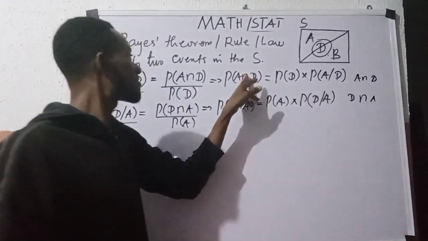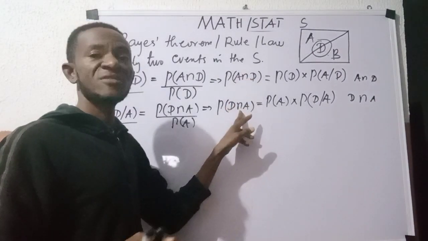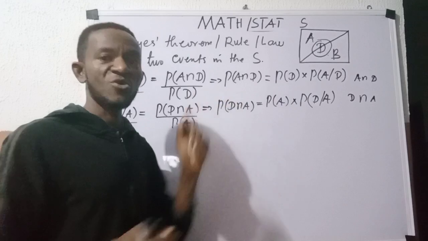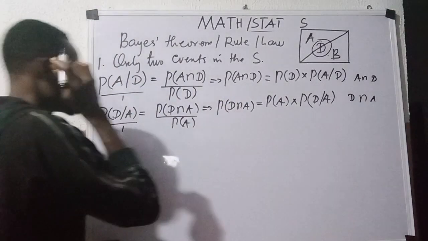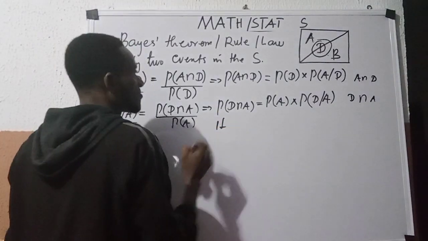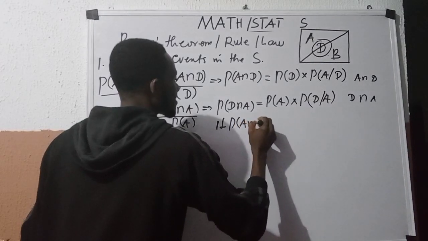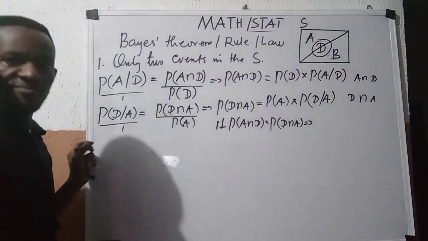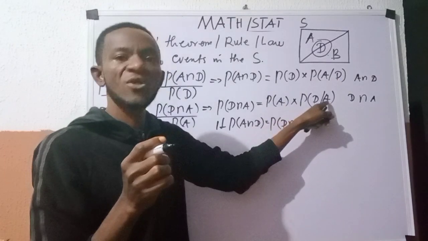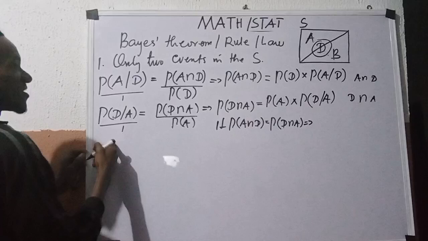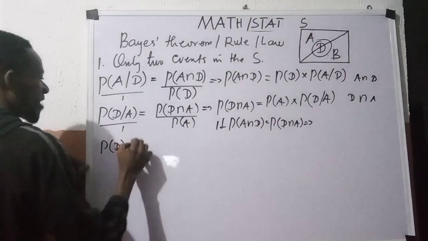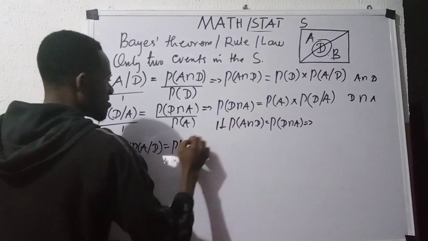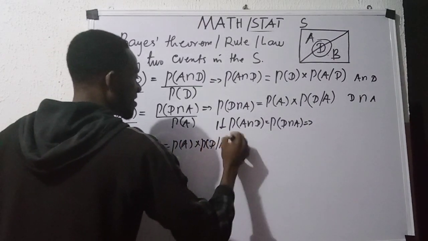So if this and this are the same thing, this probability and this probability are equal, which implies that this whole quantity and this whole quantity must be equal. We write this as equation 2: if P of A intersection D equals P of D intersection A, it implies that P of D multiplied by P of A given D is equal to P of A multiplied by P of D given A.